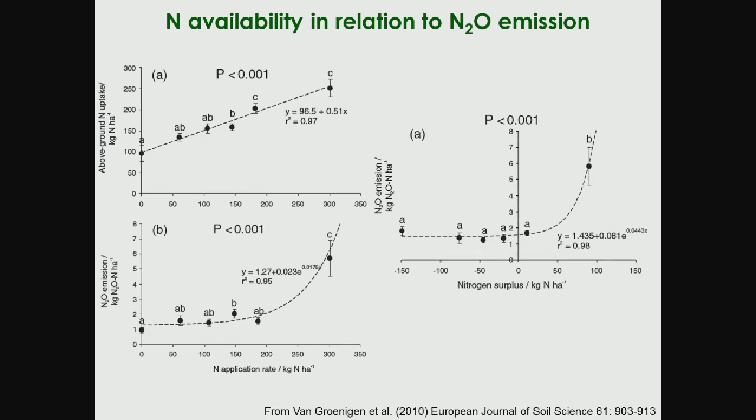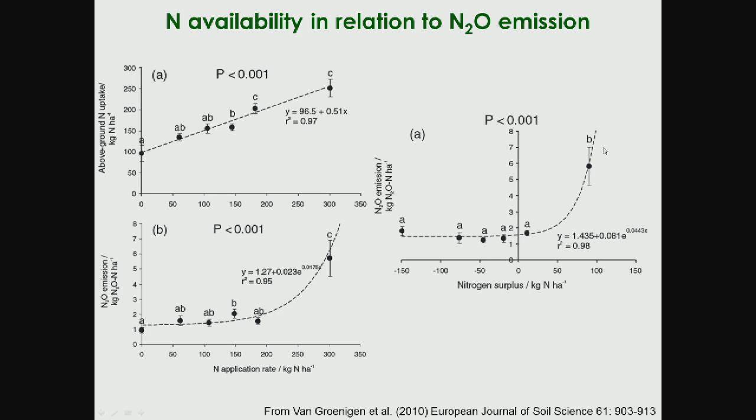And indeed, we can see this if we plot this same data on the basis of a nitrogen surplus. On this side of the graph, when we have clear positive nitrogen surplus in the soil due to excessive application of nitrogen, we're getting really substantial emissions of nitrous oxide.